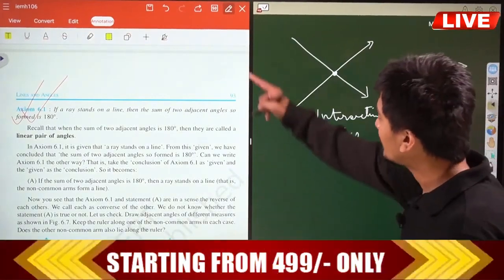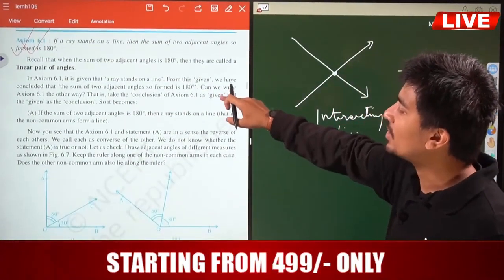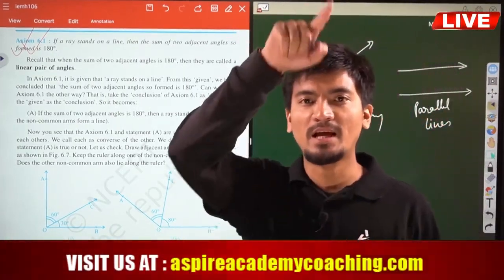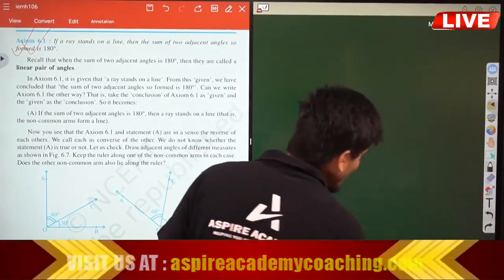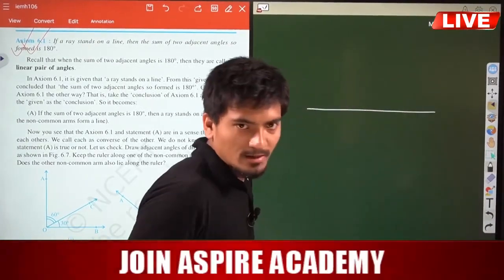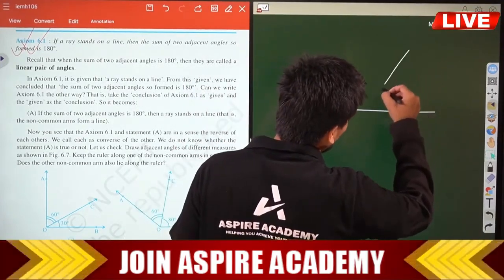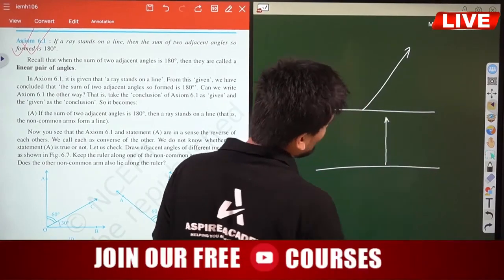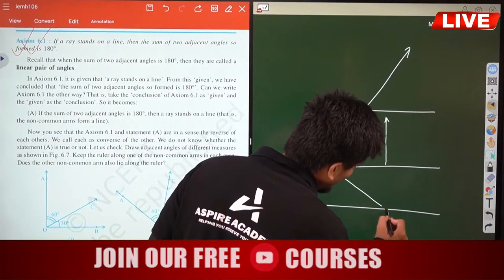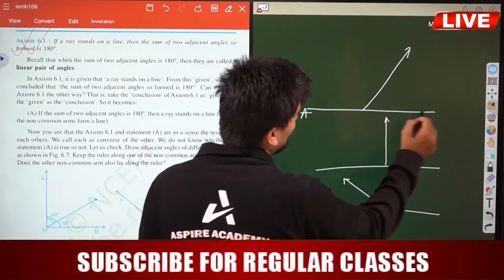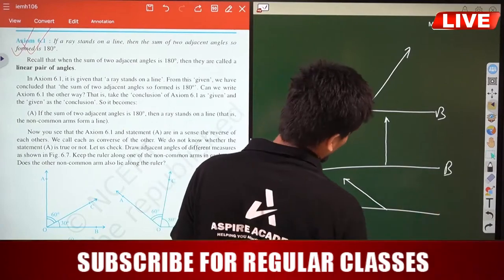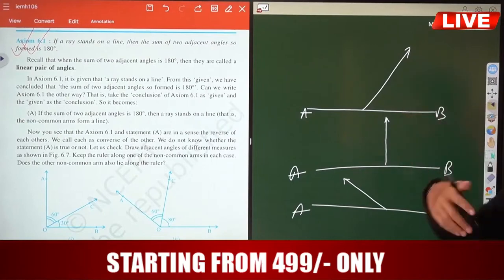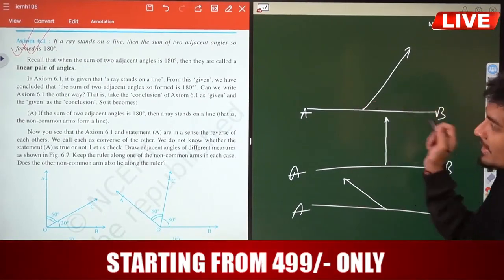That means if a ray, any ray, stands on a line, it can be like this, or like this. If this is a straight line AB, there can be any kind of ray which stands on this line.